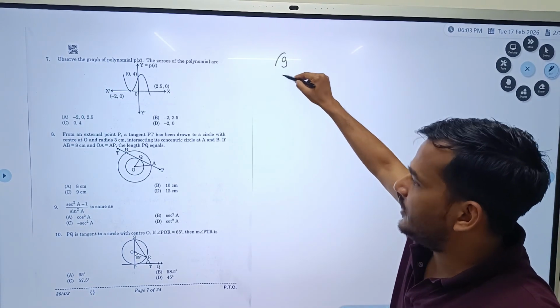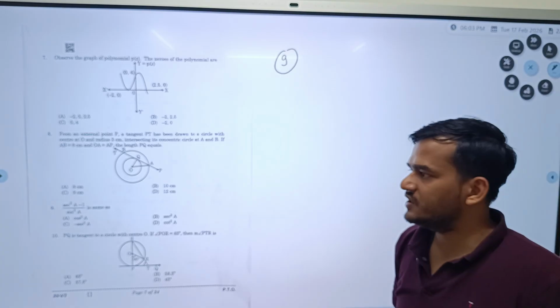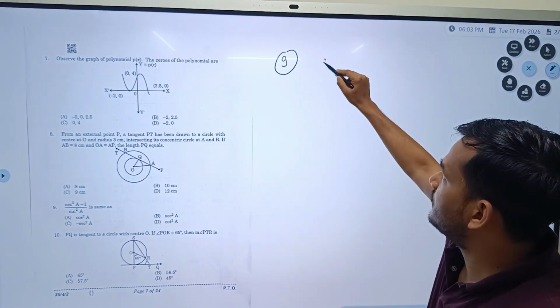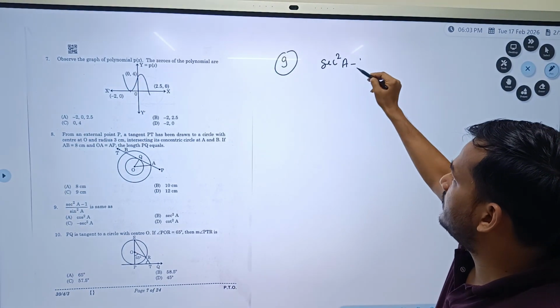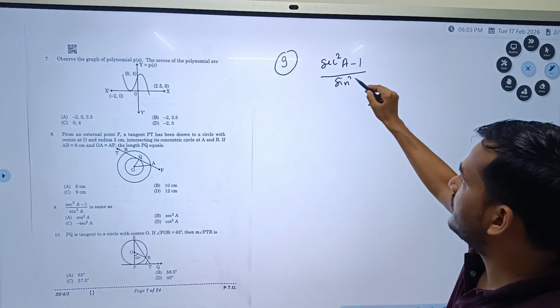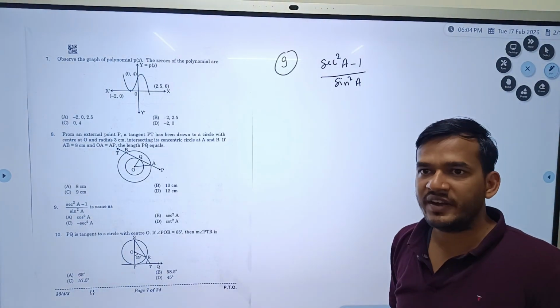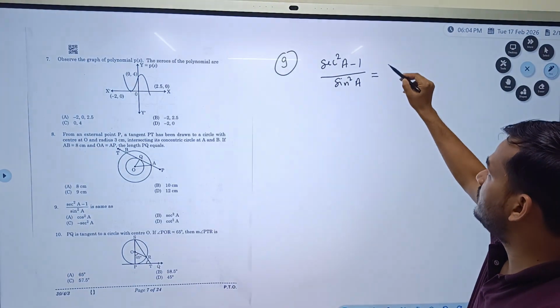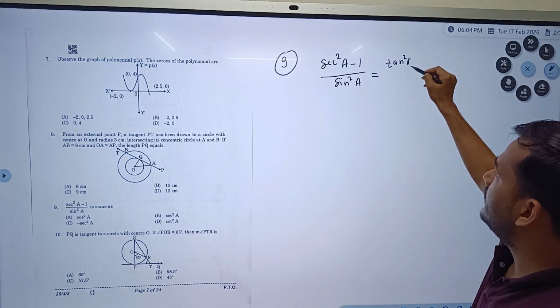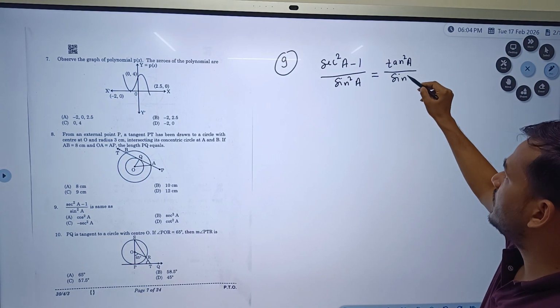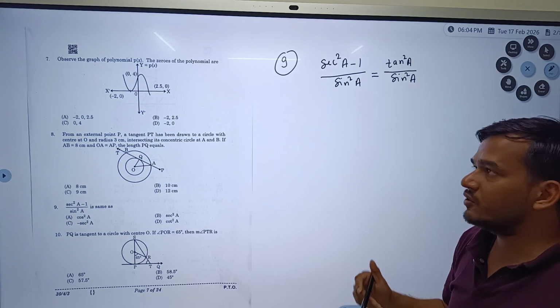Now the question number 9. Sec square A minus 1 upon sin square A. Sec square minus 1, this is the identity. Sec square minus 1 is equal to tan square A. Tan square A upon sin square A. Now replace tan with sin upon cos.